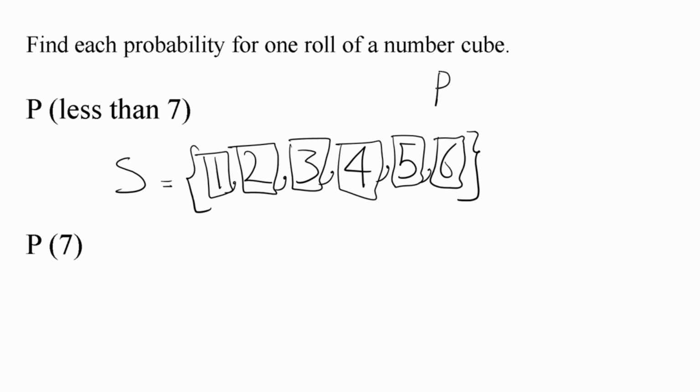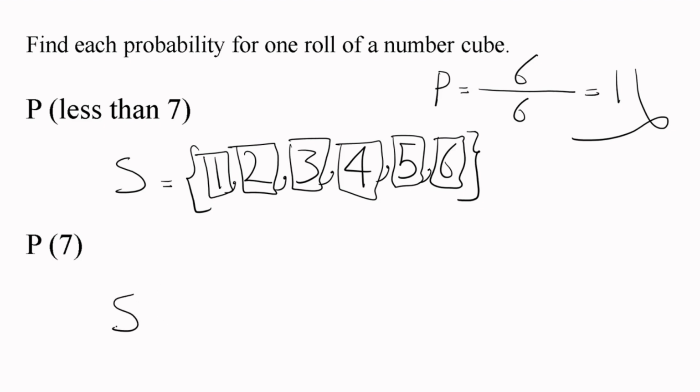So P is equal to the number of favorable outcomes, which is 6, divided by the number of all possible outcomes, which is 6. It's going to be 1. It means definitely we are going to have less than 7, and it's obvious when you roll the die. Of course, the result will always be less than 7.